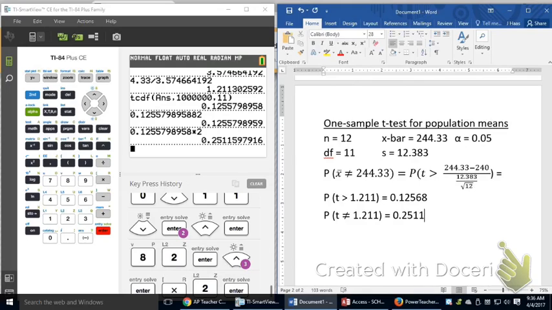So since my p-value is that high, I'm going to say since my p-value of 0.2511 is not less than my alpha of 0.05, I'm going to fail to reject my null hypothesis.